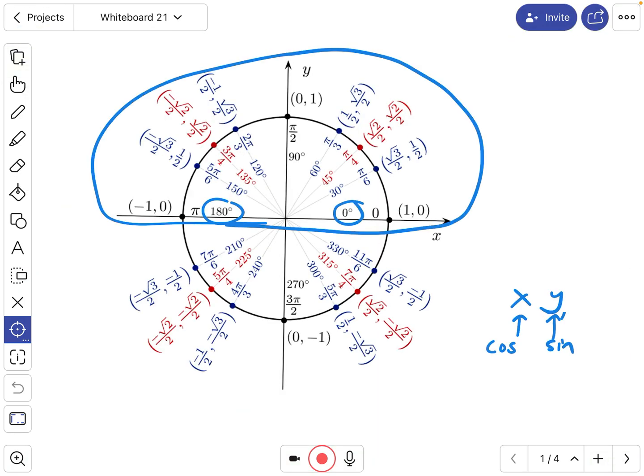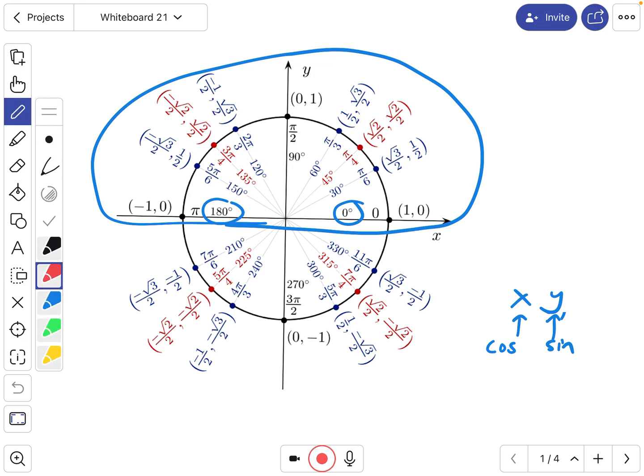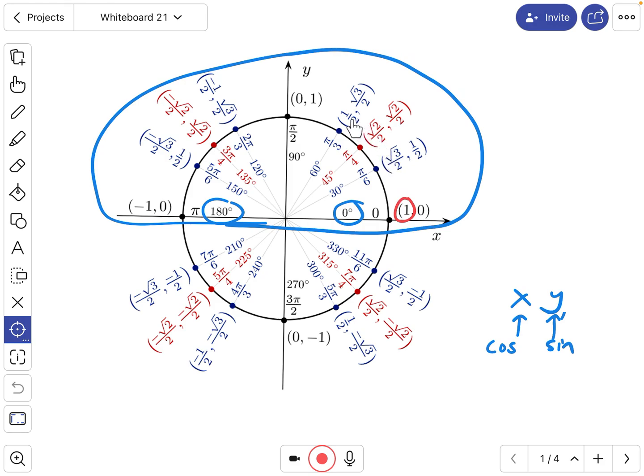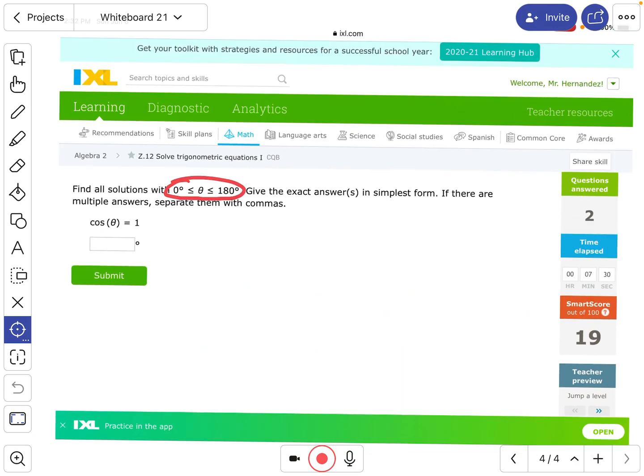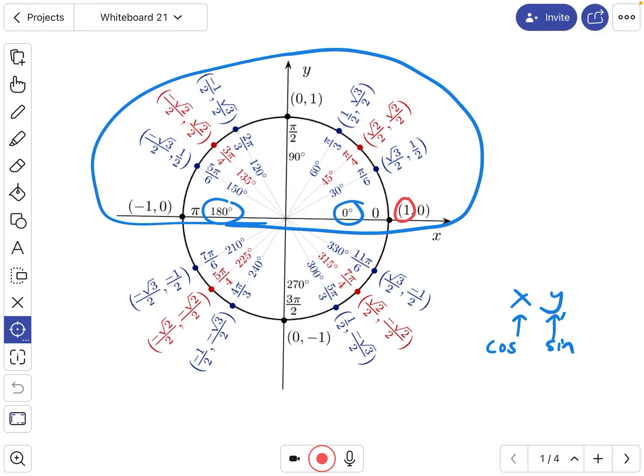So again, cosine is the x value. So where's the x value positive 1? This one here has a positive 1. There's no positive 1 here for cosine. This is a negative 1. So it's going to be this one. And between 0 and 180 degrees, there's only one degree where the cosine value is 1, and that's 0 degrees.